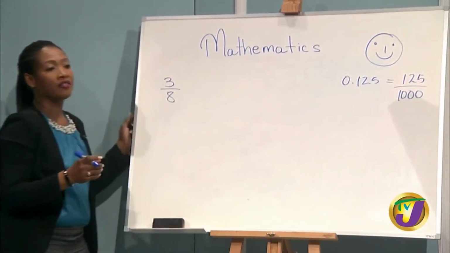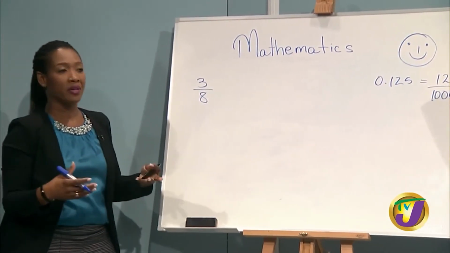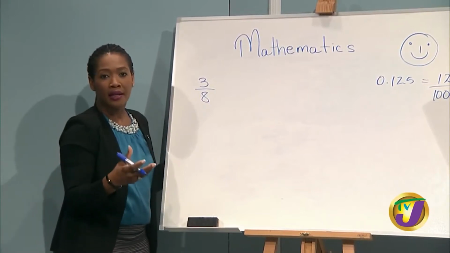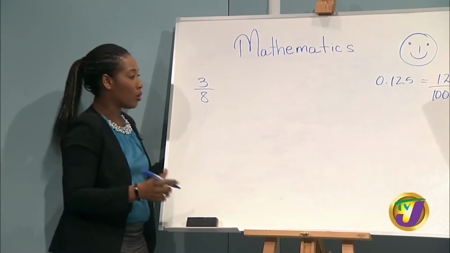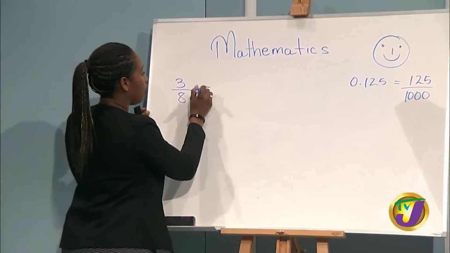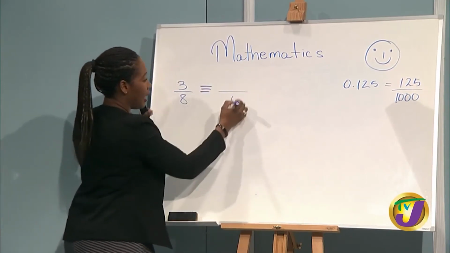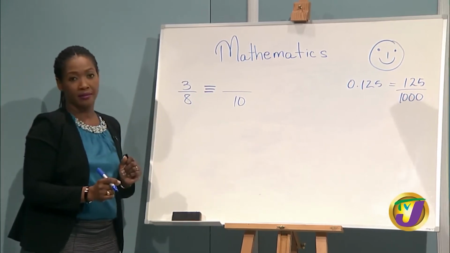Since we're going to convert it to a decimal fraction, it is important that we pay attention to the denominator. The denominator needs to be represented from a family, from a whole, which is a power of 10. So let's see if 8 is a factor of, I'm going to find an equivalent fraction for it, and let's say 10. Is 8 a factor of 10?